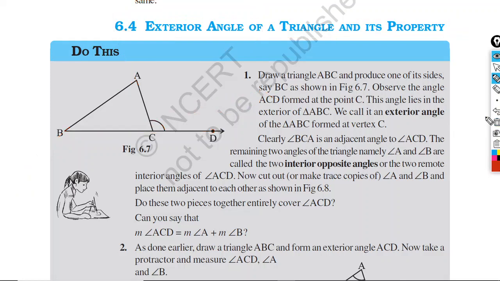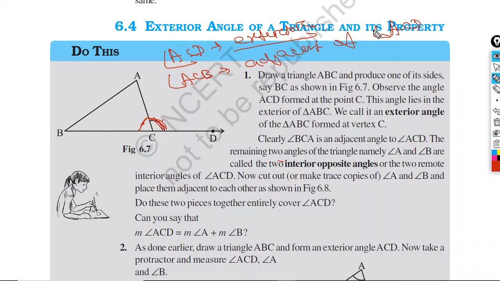So now we have learned about exterior angle. So this angle is the exterior angle. Here, what is this angle? Angle ACD is the exterior angle. Now angle ACB will be the adjacent of it. Adjacent of angle ACD. Okay. Now you see angle A and angle B. What are they? They are the opposite angles of this, and they are interior also.